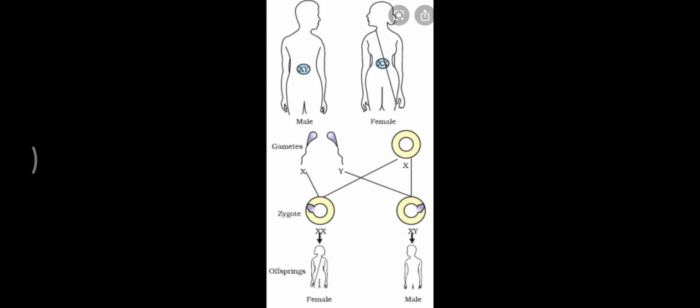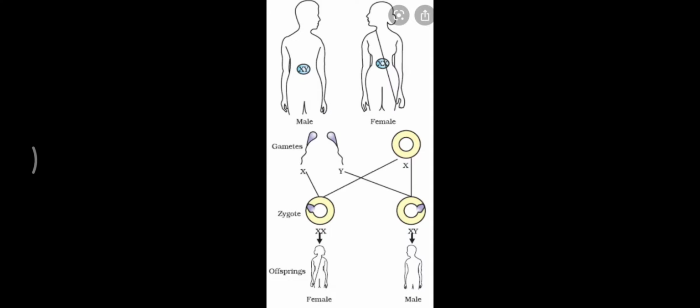Heterogametic means that when they form gametes, that is sperm, 50% of the sperm will have the X chromosome, and the remaining 50% will have the Y chromosome. Whereas females, which have XX as the sex chromosome, are homogametic, that is, all the ova formed in the female body will have the X chromosome.